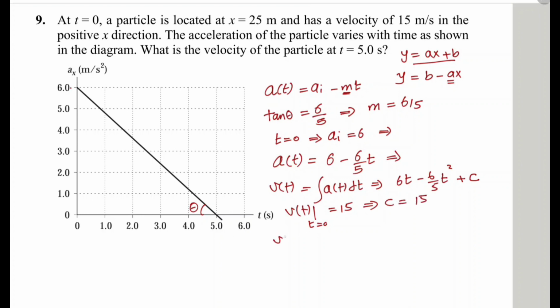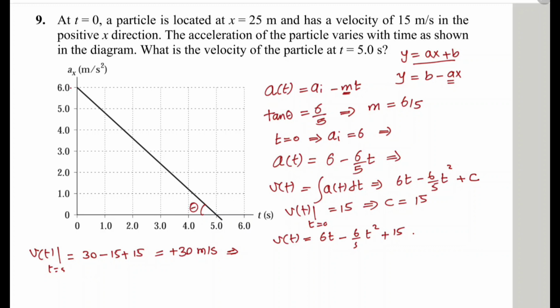Now, the v of t equation is equal to 6t minus 6 over 5 t squared plus 15, or v here when t equals 5 is equal to 30 minus 30 plus 15. In other words, it's equal to plus 15 meters per second.